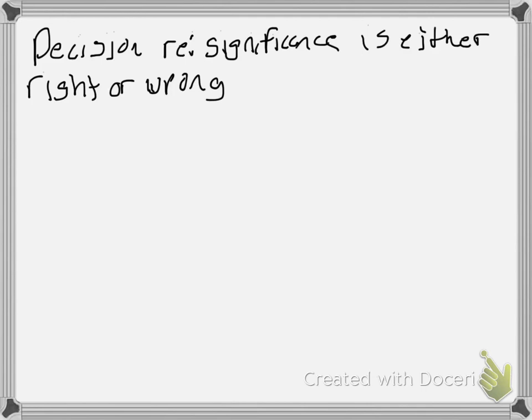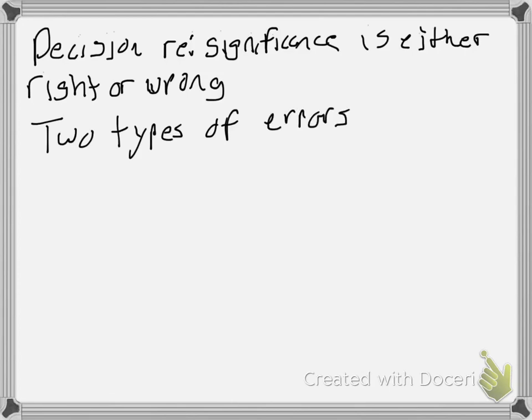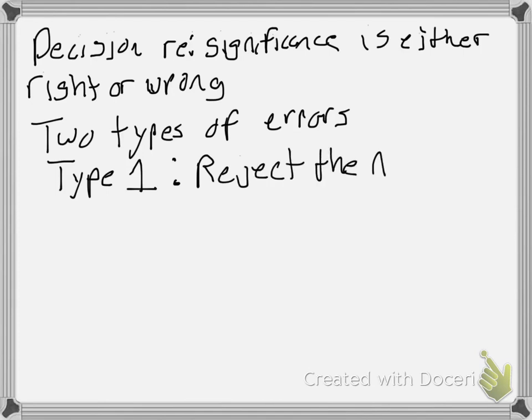Our two types of errors: there is type 1, and that happens when you reject the null when it is true.